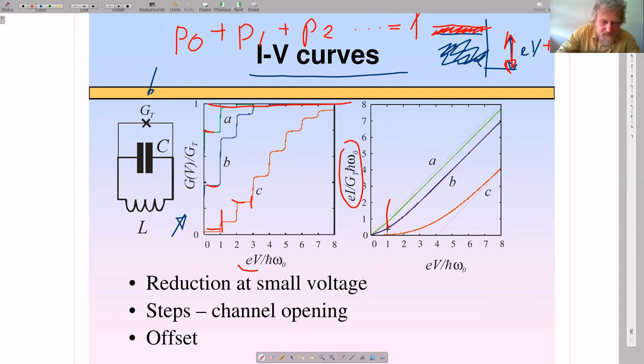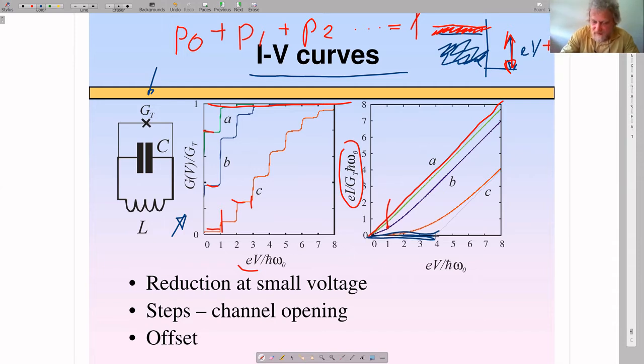And we immediately see that curve A is reasonably close to a linear dependence of conductance, while curve C is reasonably close to another limit, Coulomb blockade, when there's no current up to a certain threshold.